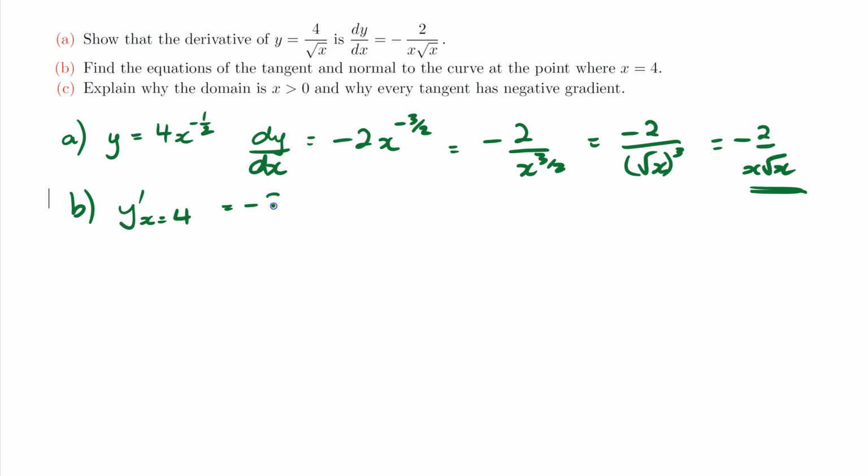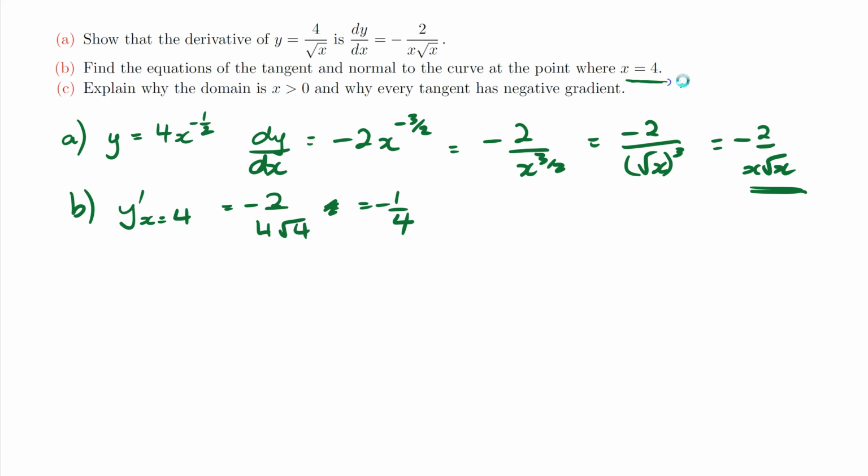So that will just be minus 2 on 4 root 4, which is going to be, so this will be cancelling with that, it's going to be minus 1/4. So the slope of the tangent, or the slope of the curve, same thing, is minus 1/4.